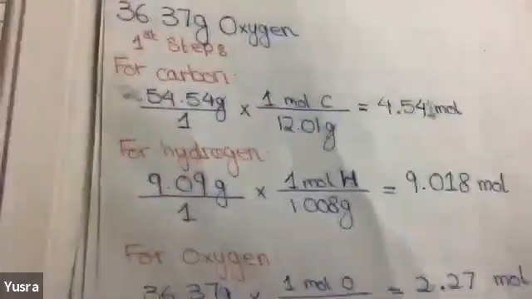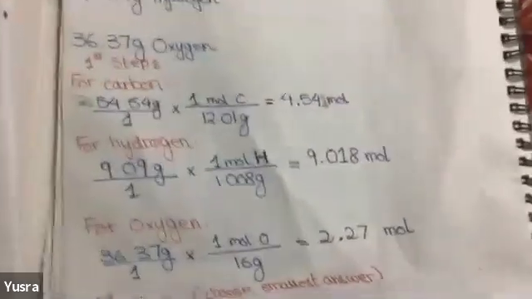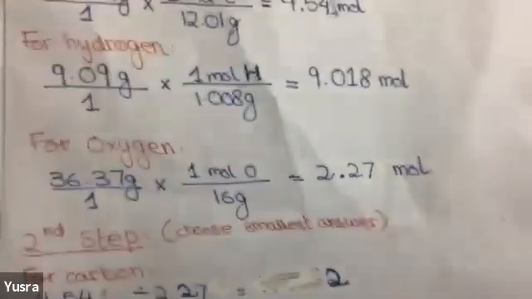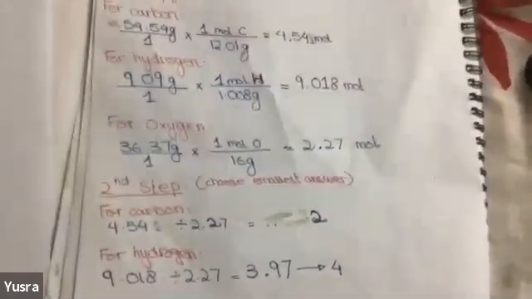So after dividing, I got the moles for carbon, which is 4.54. For hydrogen, I got 9.018, and for oxygen, I got 2.27. Then I divided each answer by the smallest mole, from oxygen, as it is the smallest.